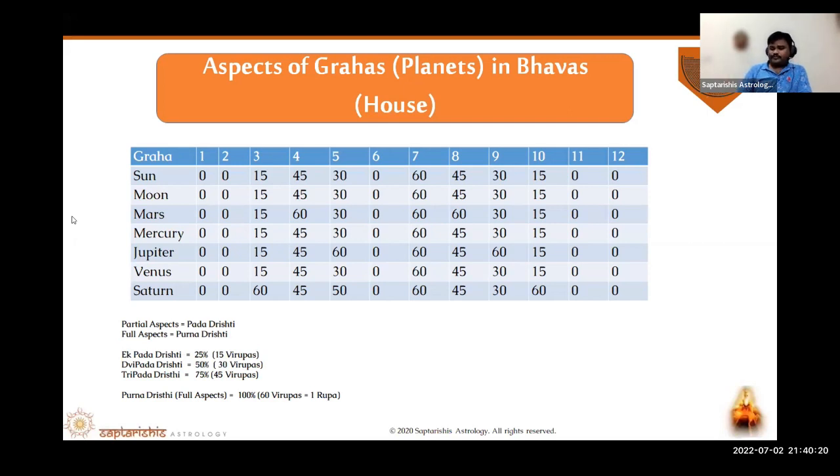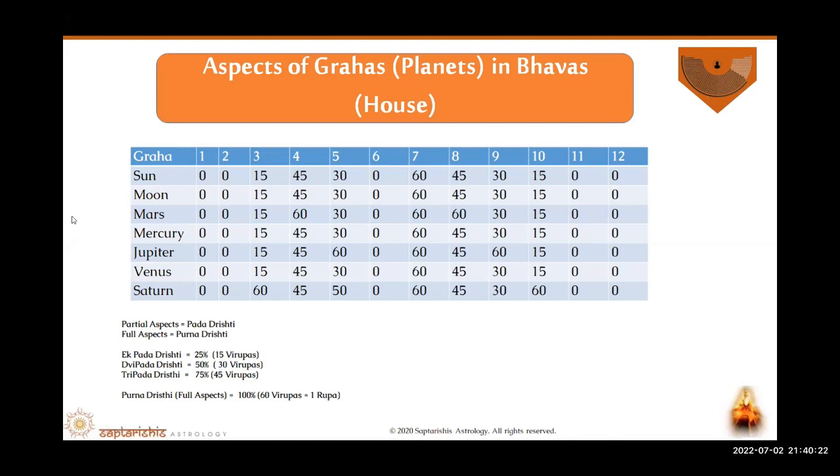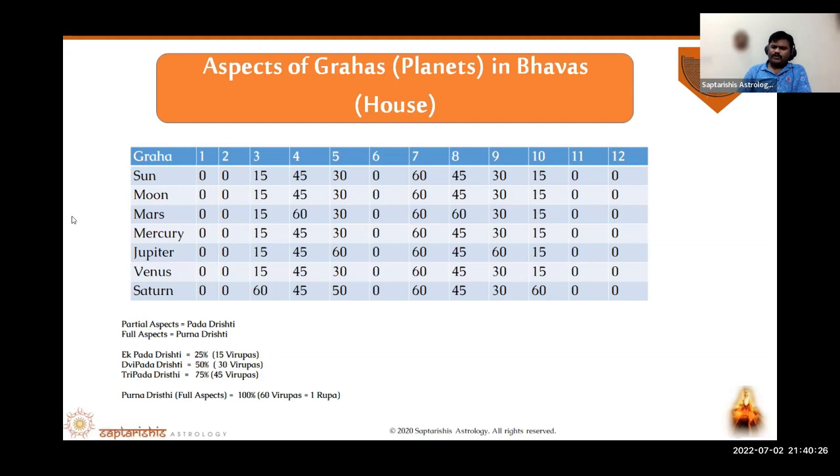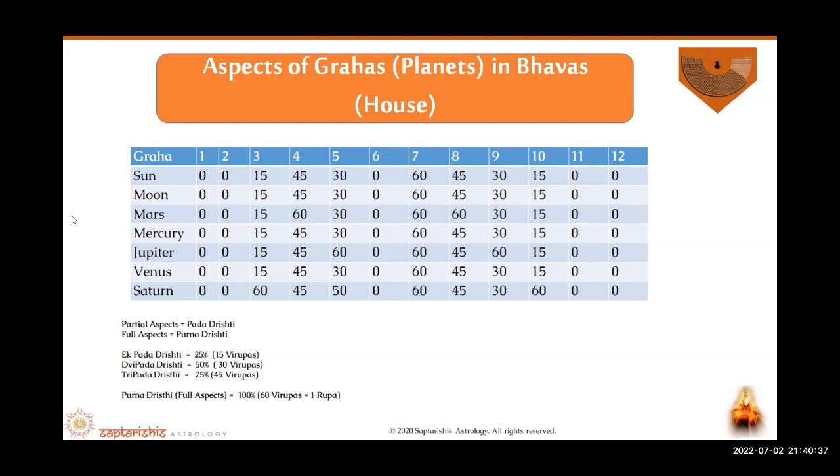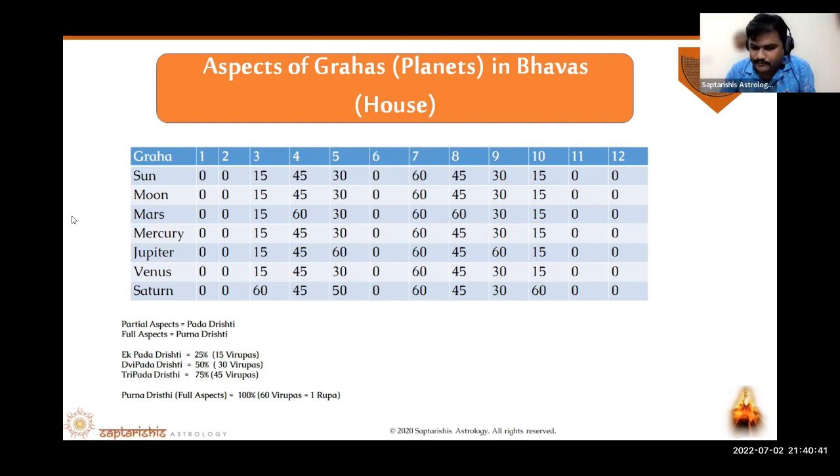So, in a negative way. Yes, in a negative way. Now there are some other factors through which we can decide whether that sun is giving a good result or not in that particular house. Depending on them, we can do our prediction. It's like this.